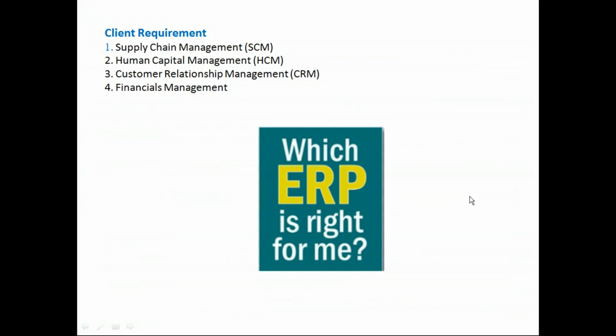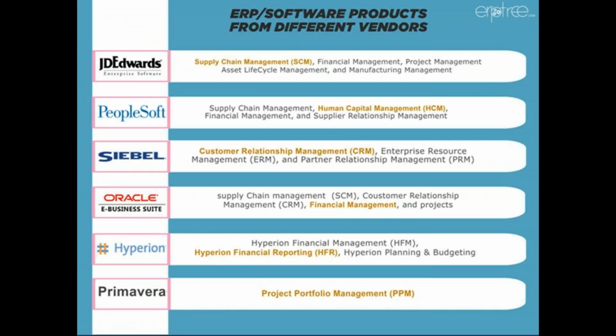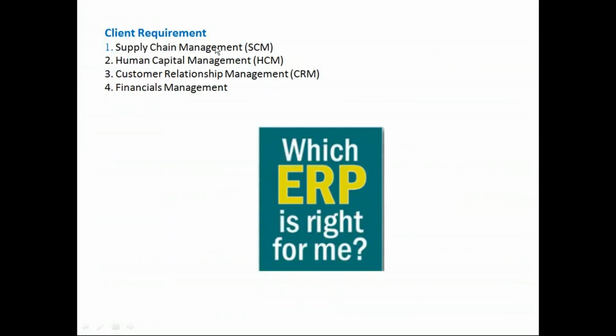Now if any client wants to implement ERP, which is the best ERP, which ERP do they have to choose? Say for example, there is one client who is looking for these areas of solution. They need SCM, they need HCM, they need CRM, they need financial management. So if you look at the previous slide, which ERP do they have to pick? Here they need SCM.